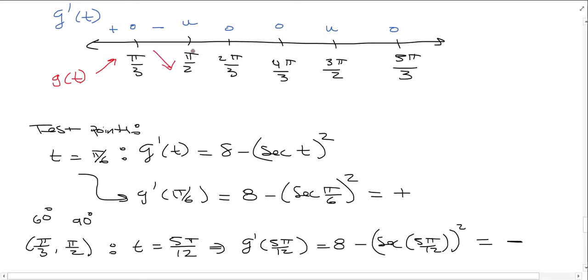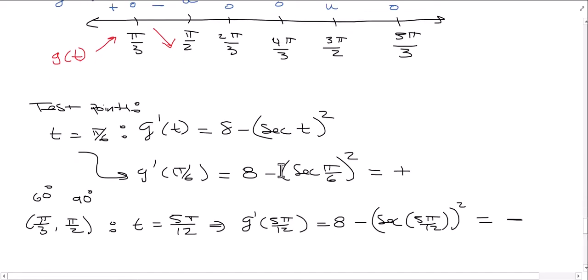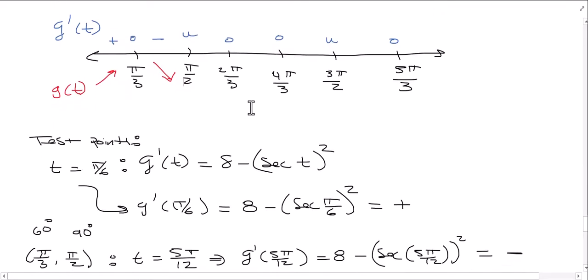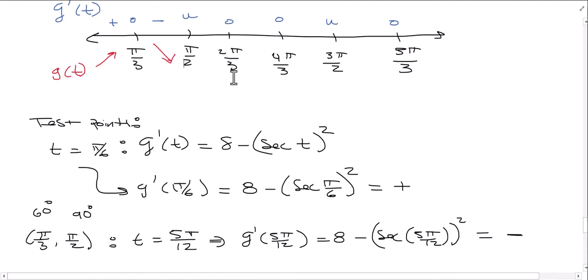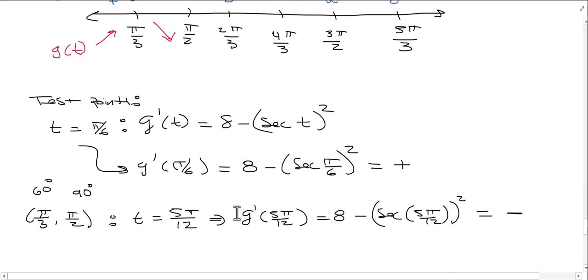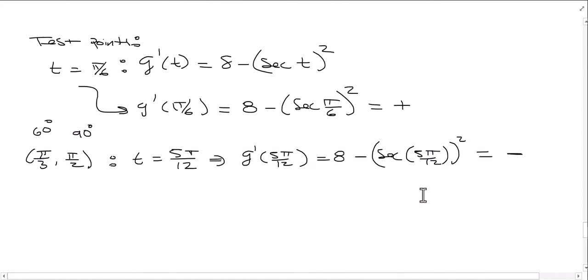Now what about between pi over 2 and 2 pi over 3? You could again change it to degrees and say between 90 and 120. You could pick 100 degrees, and just make sure your calculator is in degree mode when you do 8 minus secant of 100 degrees squared. Or again, you could do the midpoint.